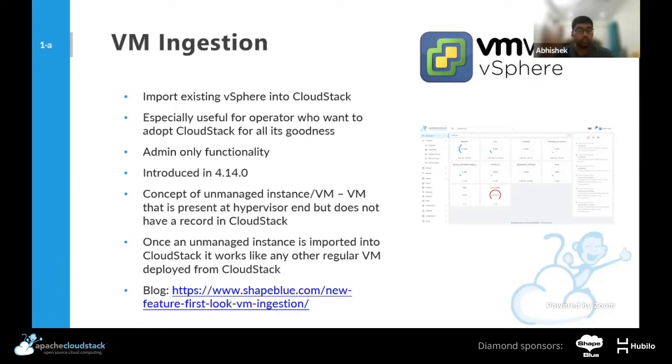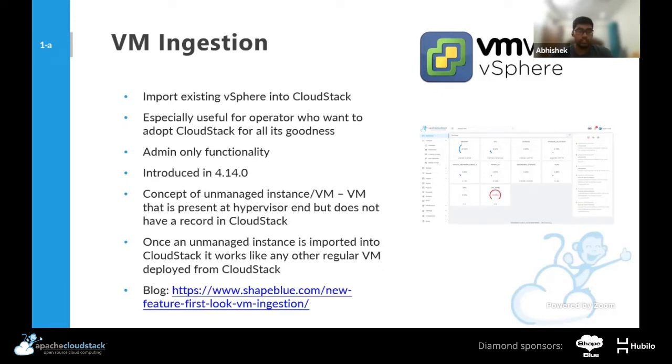It includes the concept of an unmanaged instance or VM. Instance and VM are used interchangeably here. So essentially, they are the virtual machines. Unmanaged instances are those virtual machines that are present at the hypervisor end, but they have no record in CloudStack. An operator can make any operations on them from the hypervisor, but to CloudStack, they are not visible.